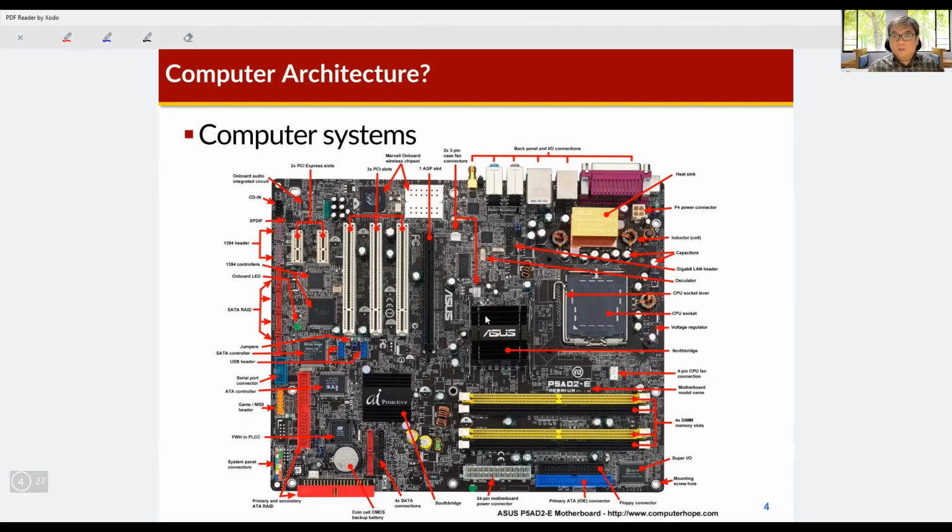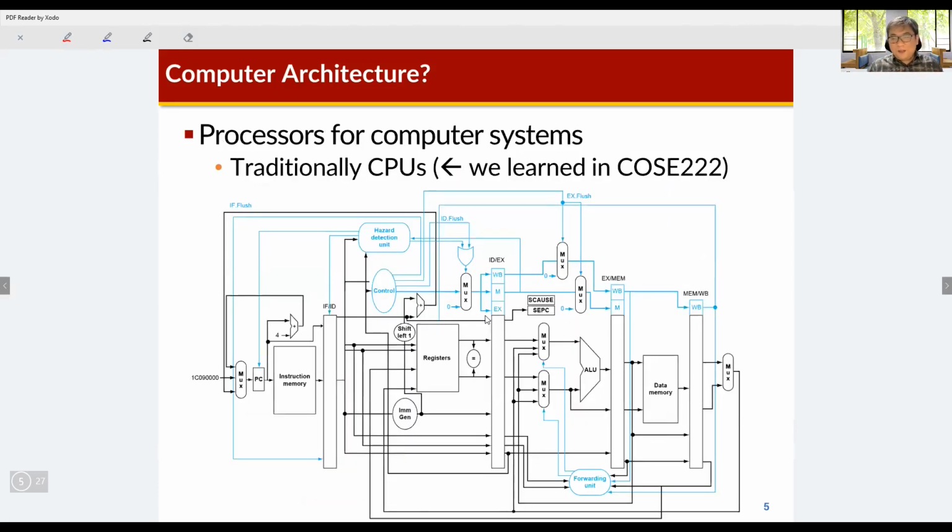These are all included in the computer system. And if you work on computer system research, that is computer architecture research. But the narrow meaning of architecture research means the research on the computer processor. It's a narrow meaning, okay?